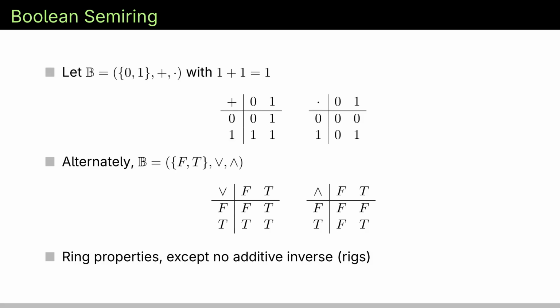This structure has all of the properties of a ring except additive inverses, so we can't really subtract and we can't really divide, which puts a bit of a damper on our linear algebra, but we can at least still make sense of multiplying matrices and vectors, and this genuinely is something that people do when studying automata theory.